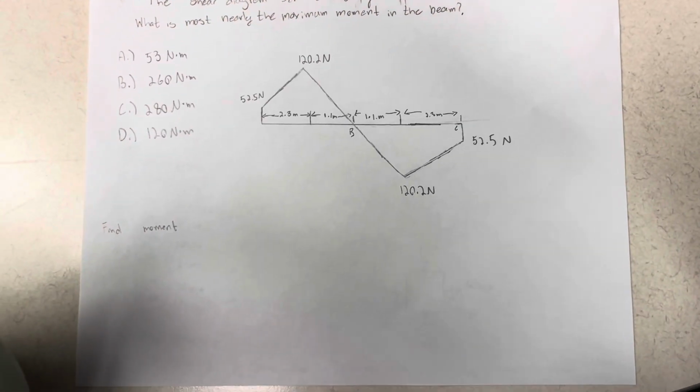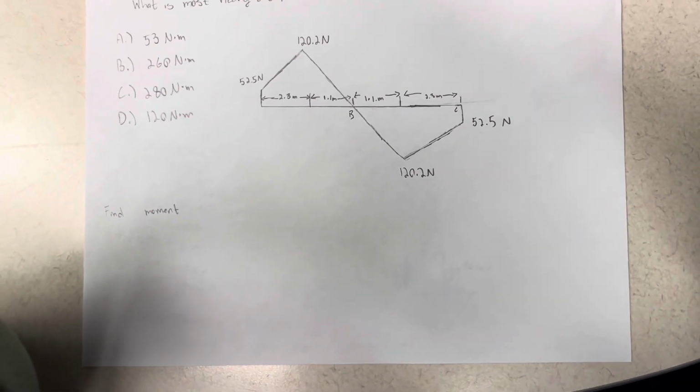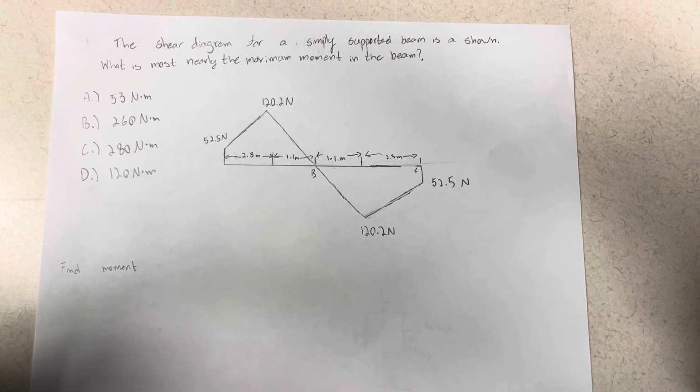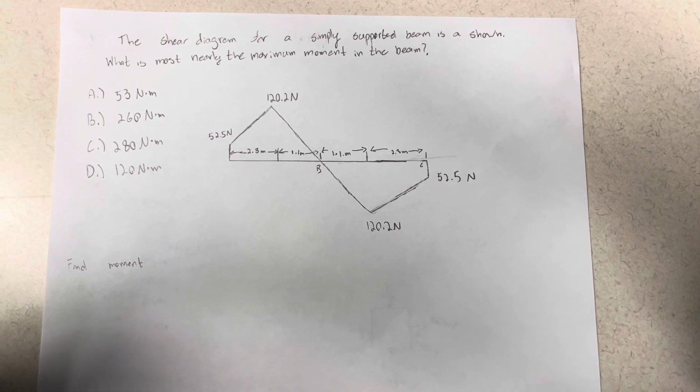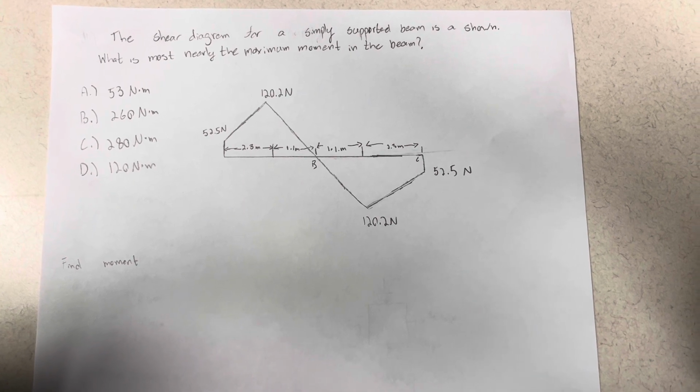This right here is a pretty simple problem where we just have to find the max moment of this beam. The problem statement says, the shear diagram for a simply supported beam is shown. What is most nearly the maximum moment in this beam?